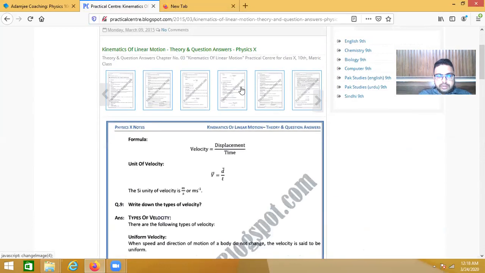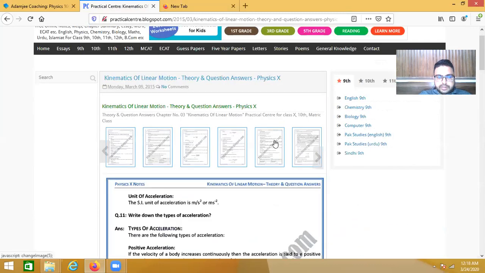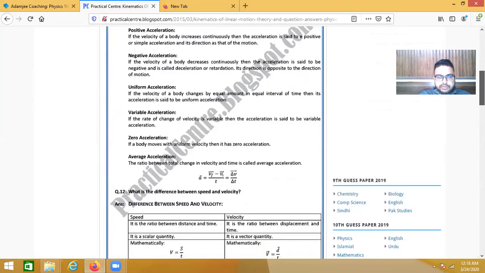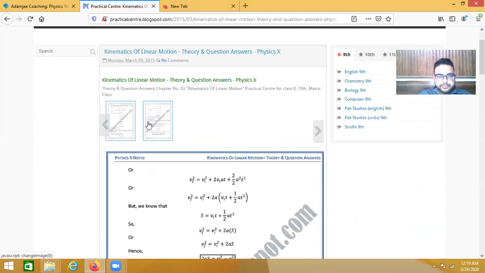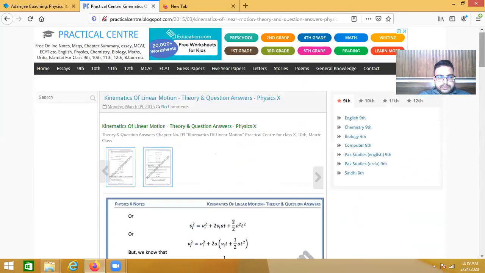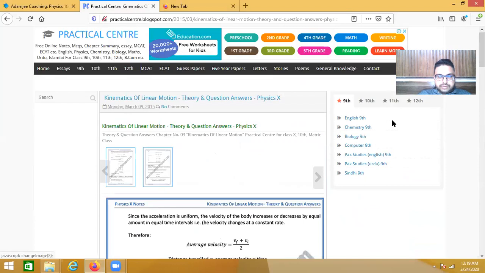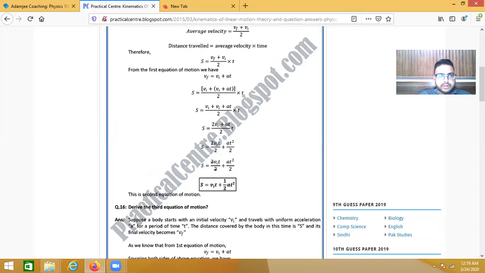You can also see in the notes they have given these derivations. This is the third equation of motion which they have derived. Secondly, there is the second equation of motion. You can see this equation, they have derived it. I will shortly show you how they have worked out these derivations here on the board as well.